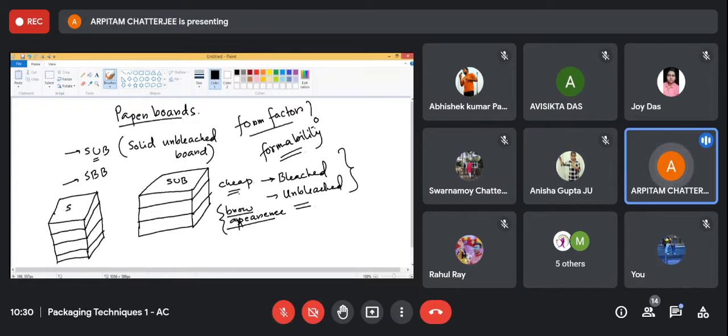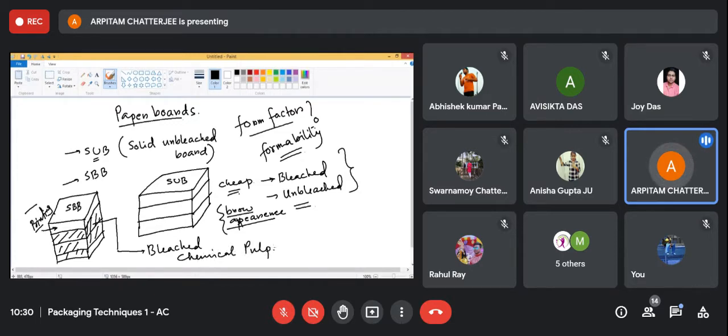Okay, solid bleached board. It is having the top layer. Generally, this top layer is made for printing. Okay, so that is why you may have many kinds of treatment over there, but your actual board is basically this one, where you have multiple layers of bleached chemical pulp.